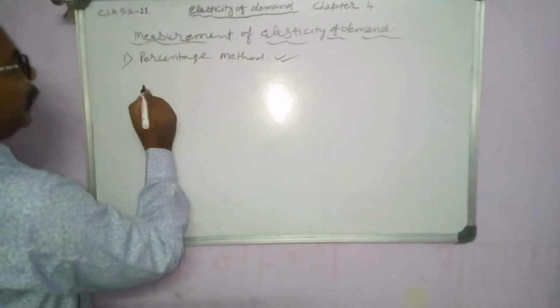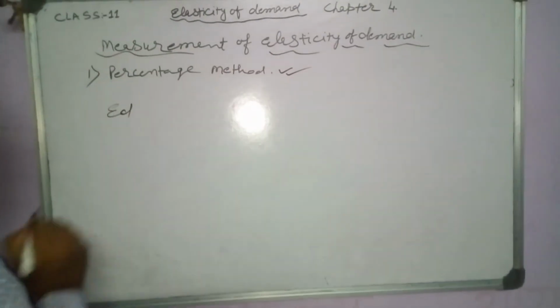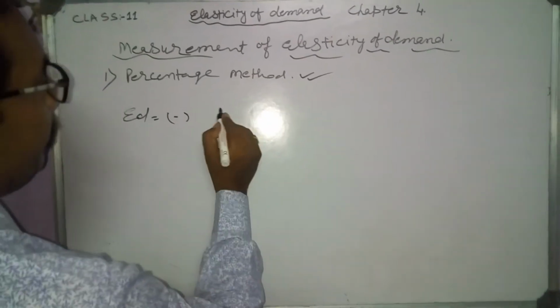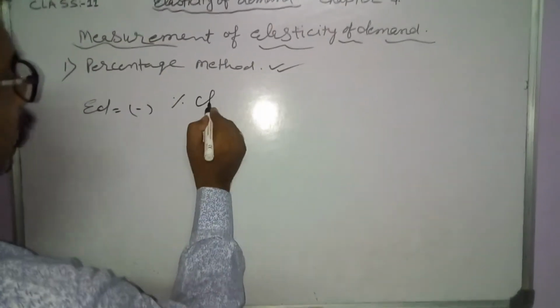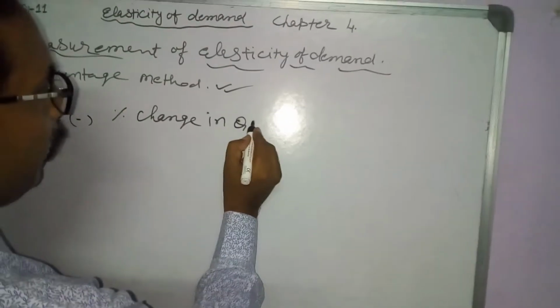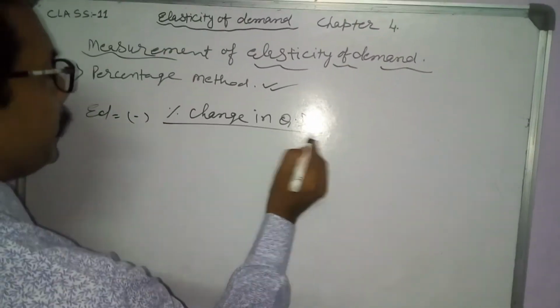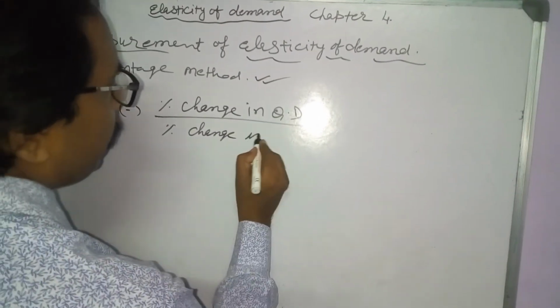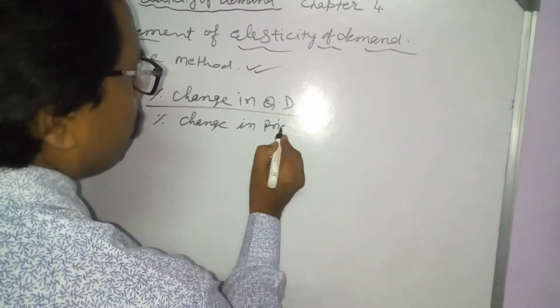As we know the formula, ED is equal to minus sign, percentage change in quantity demanded divided by percentage change in price. Is it clear?